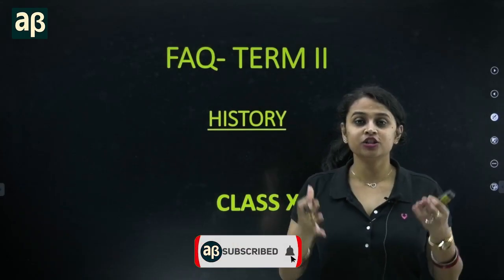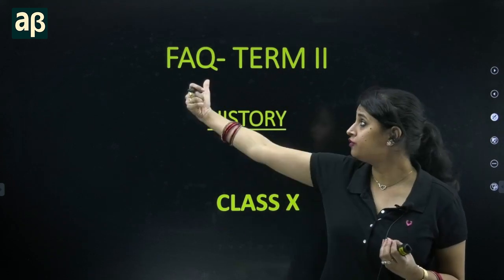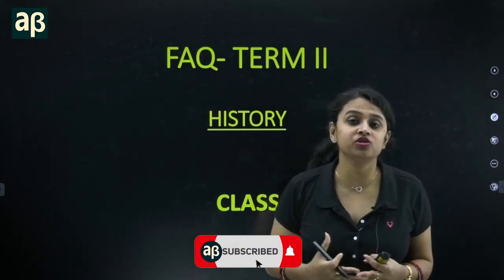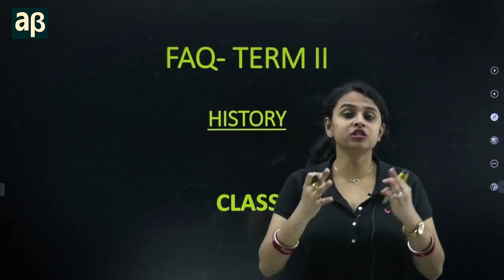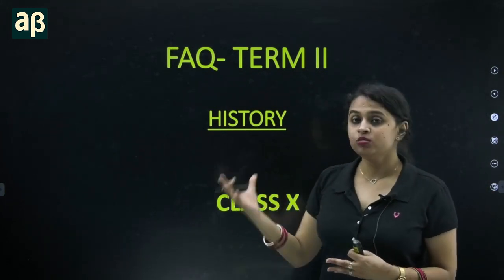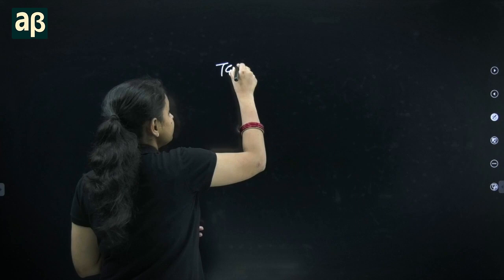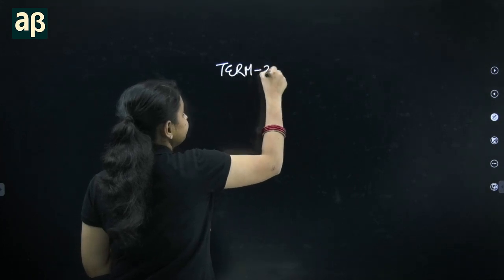Hi kids, today I am here to tell you about the frequently asked questions regarding your term 2 history chapter. You all know that in term 2 you're just getting one chapter in history, and that is Nationalism in India.